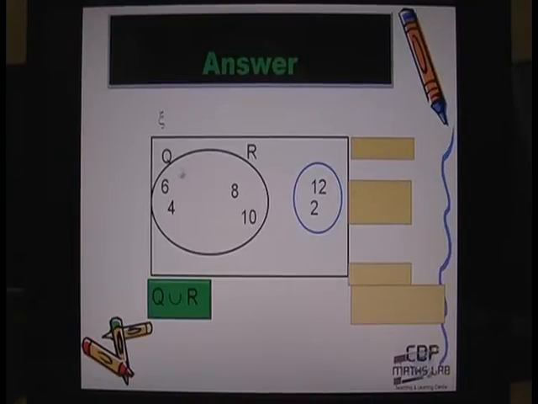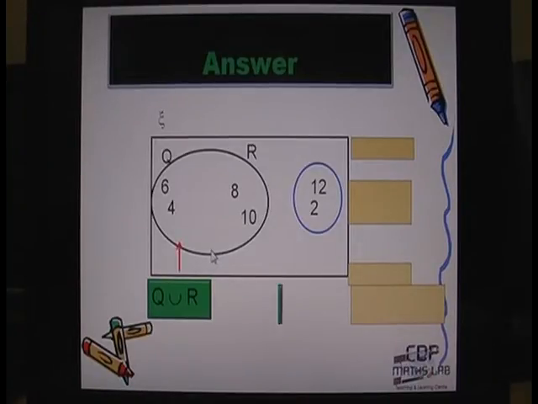But what we're looking at is the union of Q and R. And guess what? We have answered the second part of the question before going to it. So easy? Yes. So we have 6 and 4, 8 and 10 that form the union of Q and R.